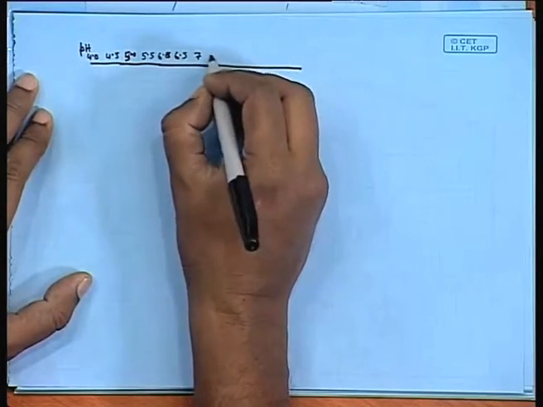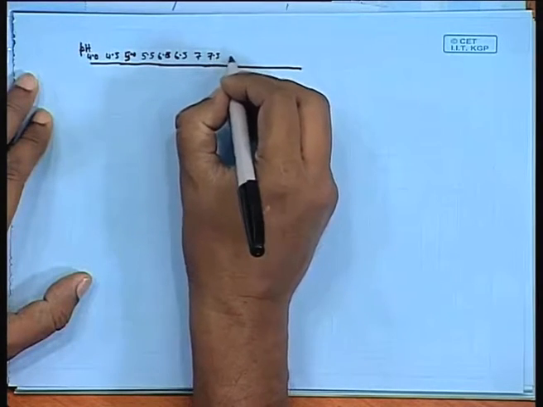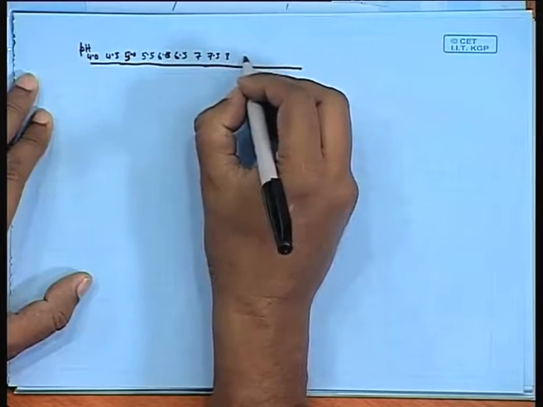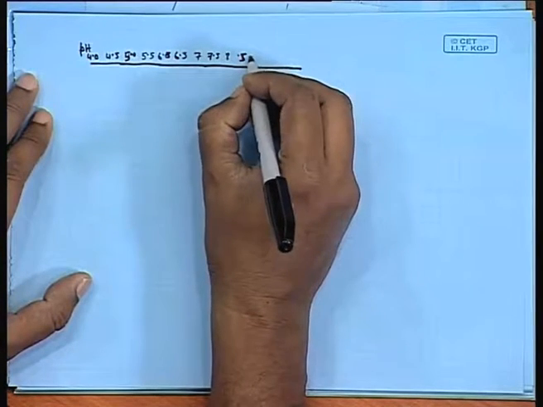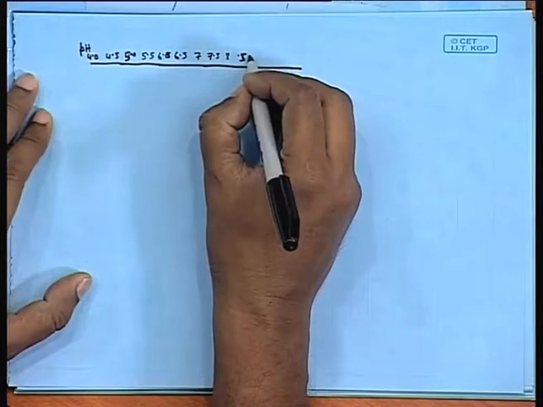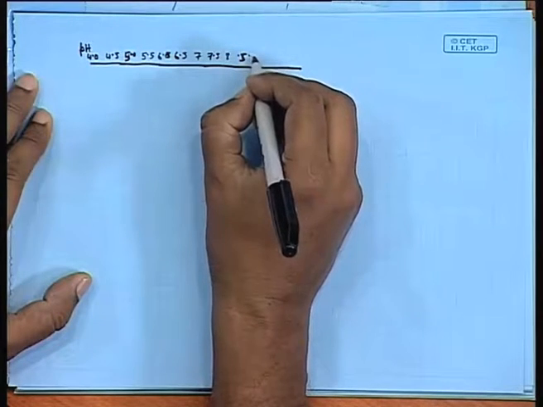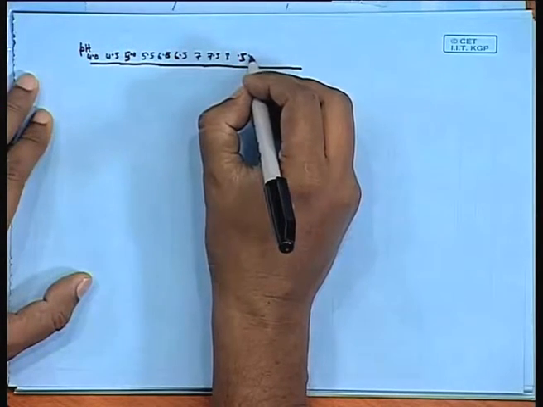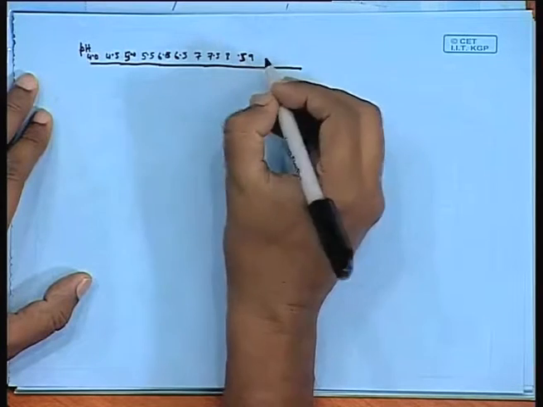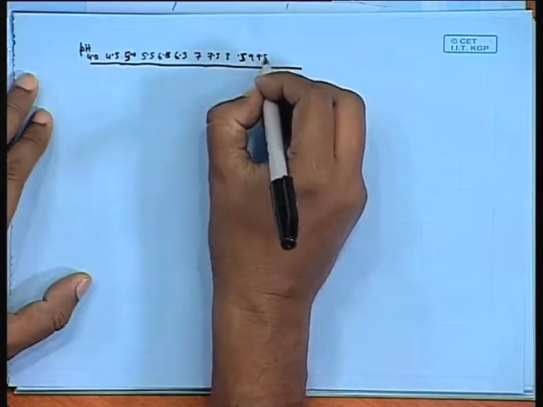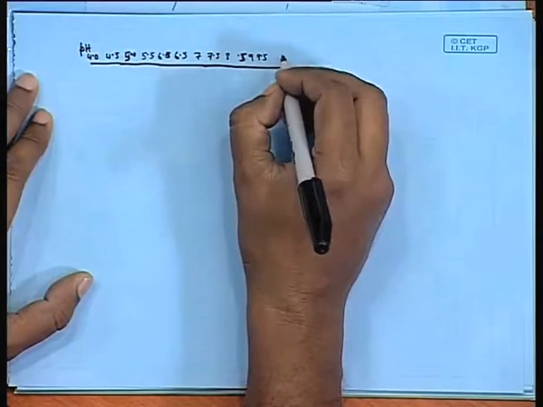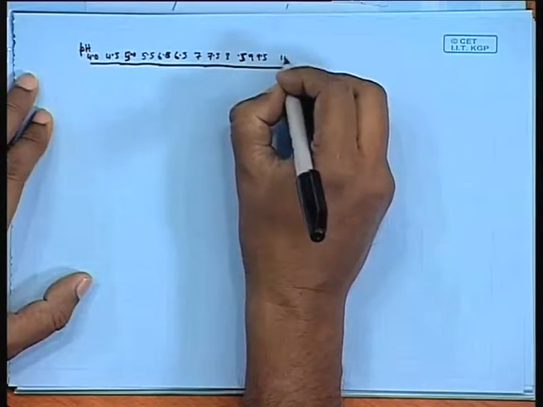So you can find 7.5, 8, 8.5, then about 9, then 9.5, and 10.